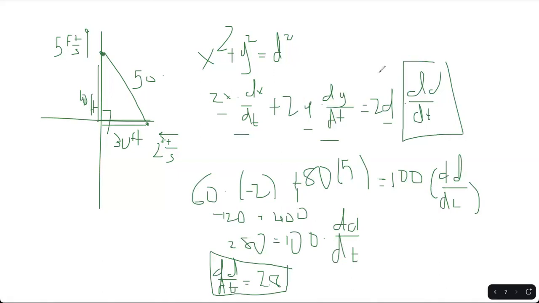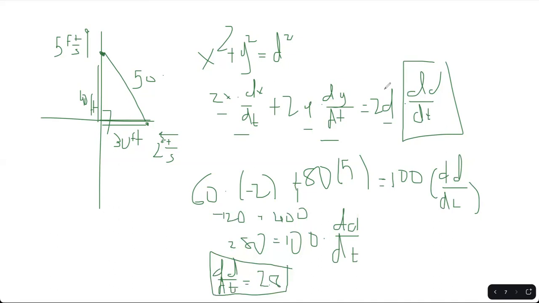Use implicit differentiation with respect to time for the entire equation, and then you just want to solve for one rate, maybe even one variable. You know all the rates. You just want to solve for d, for example. Unlikely, but it's possible. You just do that, and then you get your answer.